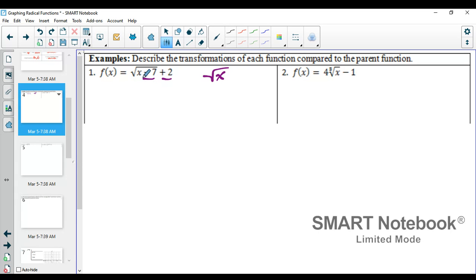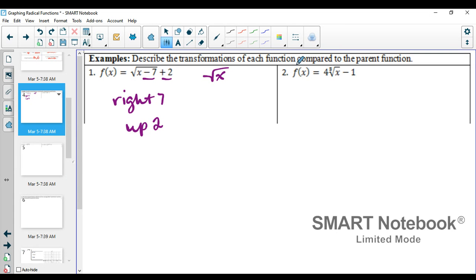Negative 7 is our h, which does the horizontal shift, and since it's underneath the radical sign, it does the opposite of what it says. So negative 7 means it's actually going to move to the right 7. And then the positive 2 represents k, which is the vertical shift, up or down, and it does what it says. So positive 2 means it's going to go up 2. Those are the only transformations in this function.